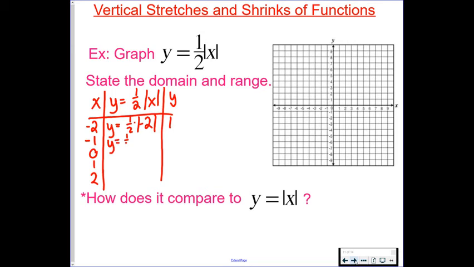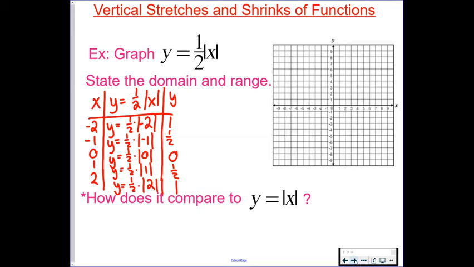Y equals 1/2 times the absolute value of -1. The absolute value of -1 is +1, and +1 times 1/2 is 1/2. Y equals 1/2 times the absolute value of 0 is 0. Y equals 1/2 times the absolute value of 1 is 1/2. And y equals 1/2 times the absolute value of 2 is 1.